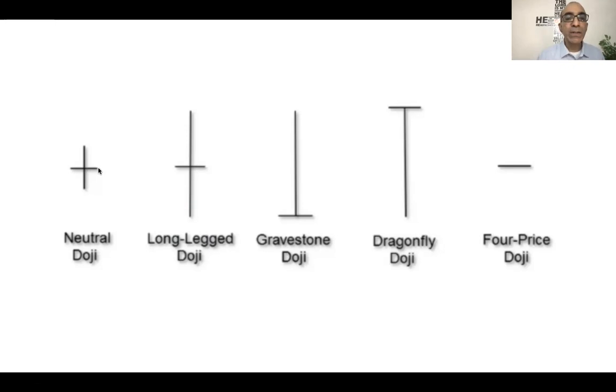The candle almost has no body, just the wick. What does that mean? Well, that means that the opening price and the closing price were the same. It doesn't happen very often, but it does happen where it opened at this price, and then during the day, it went up to this range, went down to this particular level, and then at the end of the day, it closed at the same price.